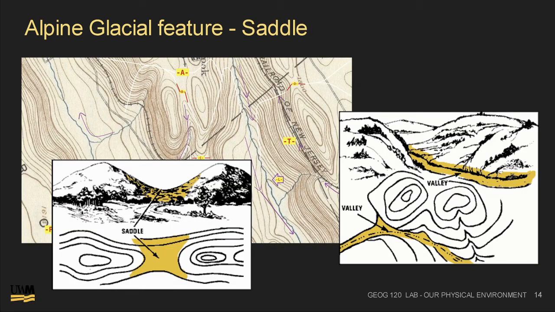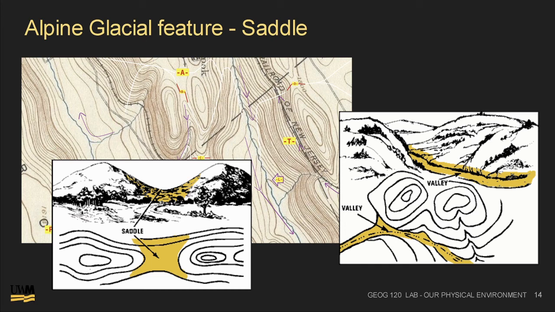Now a saddle forms. A saddle is another glacial feature. A saddle forms sort of like Bridal Veil Falls in that it's like a gap between arêtes carved out by glaciers as they move downward. They gouge out these U-shaped valleys. So to remember a saddle, just think of a U-shaped valley.